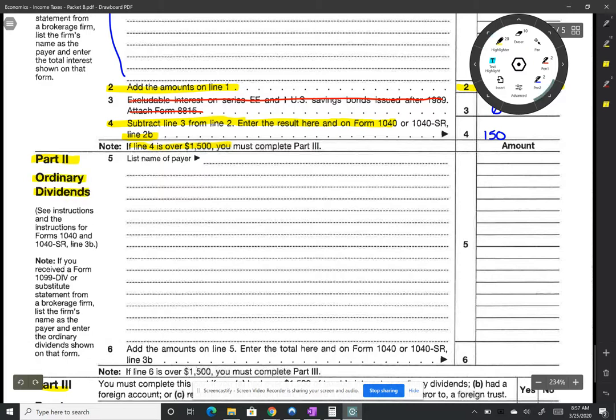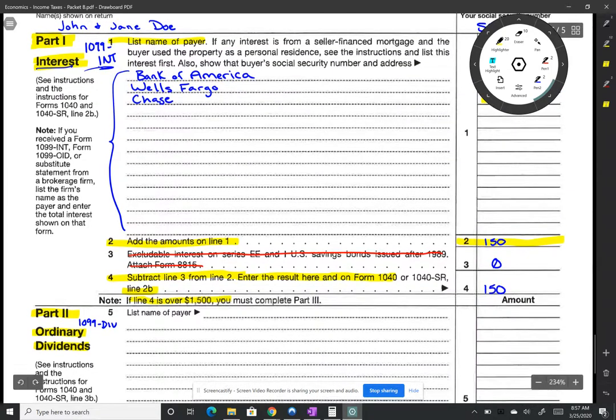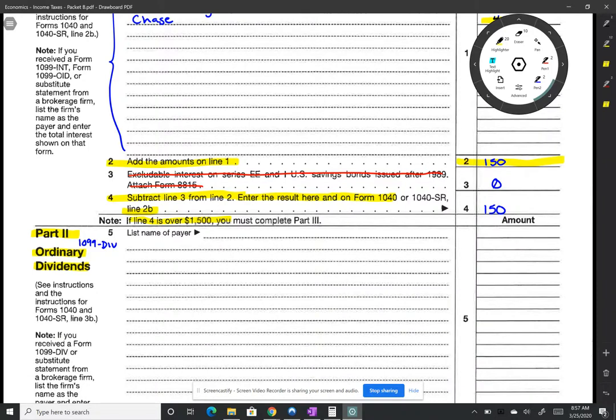So you guessed it, we're going to be looking at the 1099 DIV. And again, we'll go through the same thing that we did up here. You list the name of the payer, so the financial institutions that you hold your investments in.